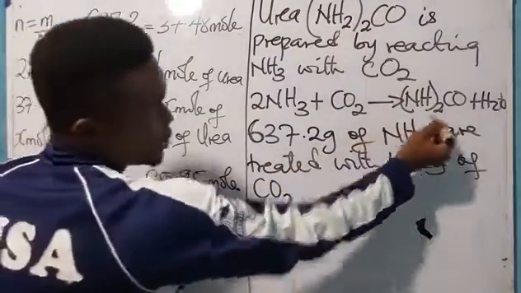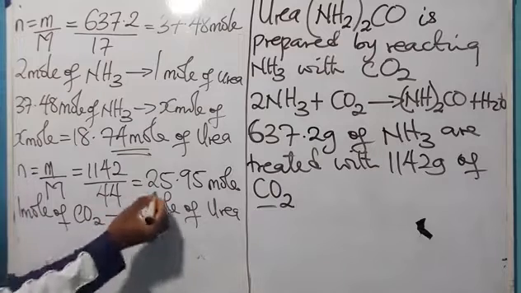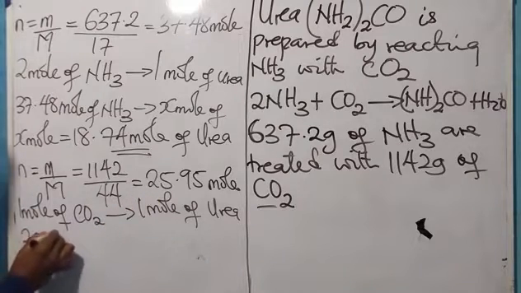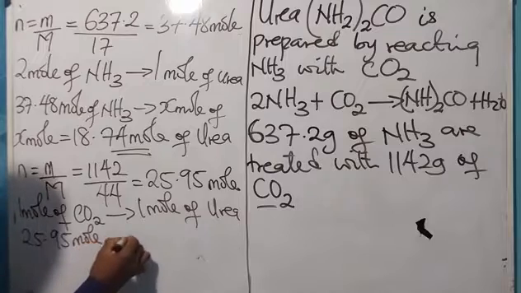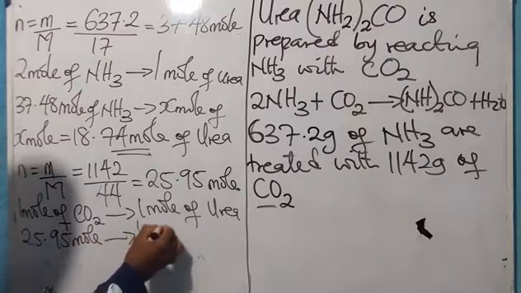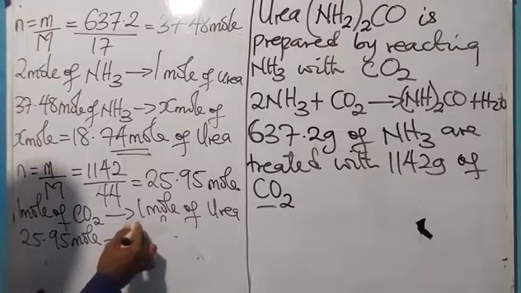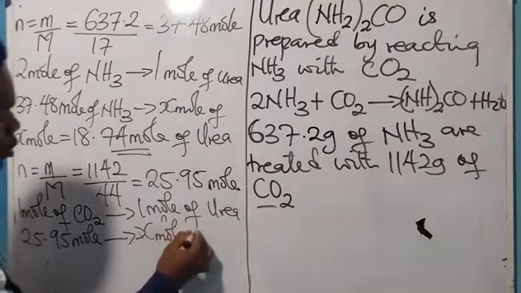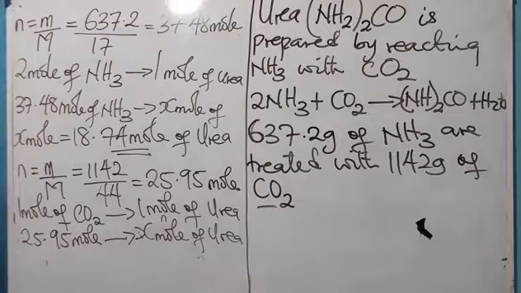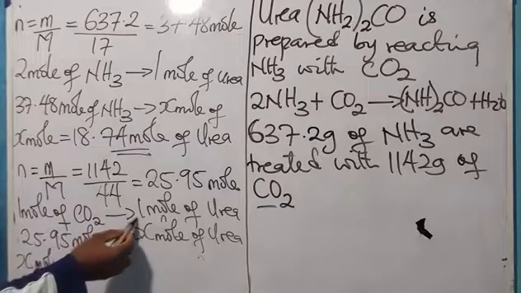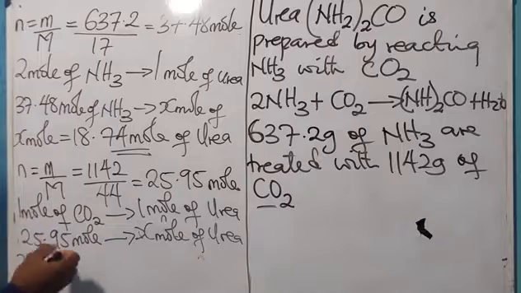Then 25.95 mole will produce X mole of urea. So what do we do next? Cross multiply and divide. So X mole becomes 25.95 times 1 divided by 1 is the same thing as what?